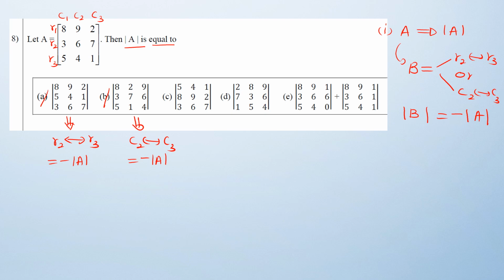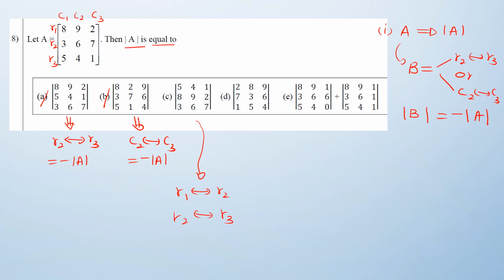So what about C? For C, we can get this by interchanging R1 with R2 and then the second row again with R3. We have done two interchanges. So in that case, we have to multiply the determinant of A twice by minus 1.